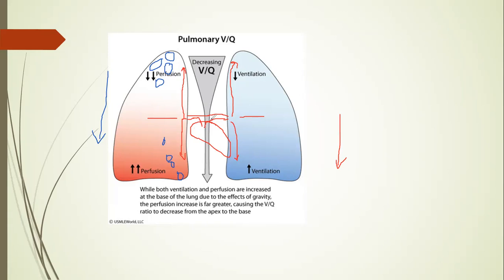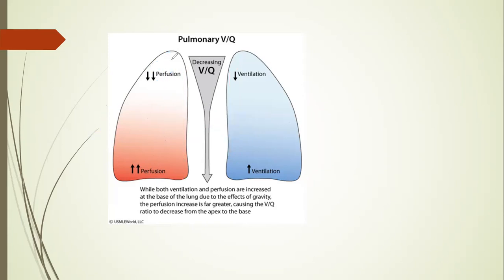Therefore, if you have more blood going to the base, we say that there is greater perfusion. So with that, if you have no question, I will erase what I have written here and you'll see the summary you have in this diagram.